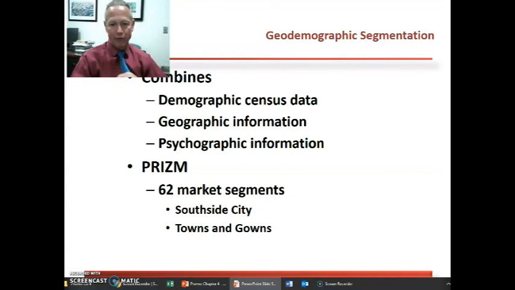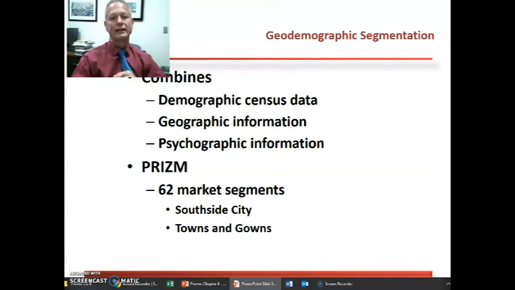I've said this before, there's a huge difference between, say, an 18-year-old girl in Georgia and an 18-year-old girl in California. They think differently, they're exposed to different things, the culture is different. So geodemographic segmentation takes demographic segmentation, age, income, those types of things, and puts it together with geographic segmentation. So it combines both of them.